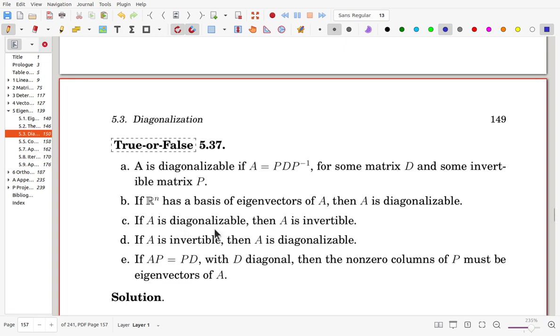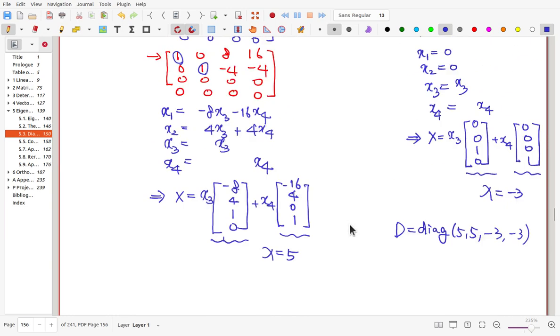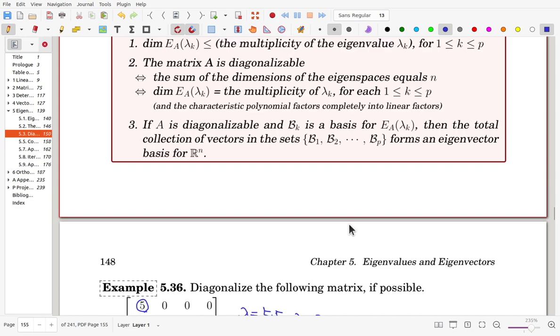If A is diagonalizable, then A is invertible. Okay. This assertion may be a little bit hard to answer. Is it true? To answer that one, we'll go back to an example we solved.